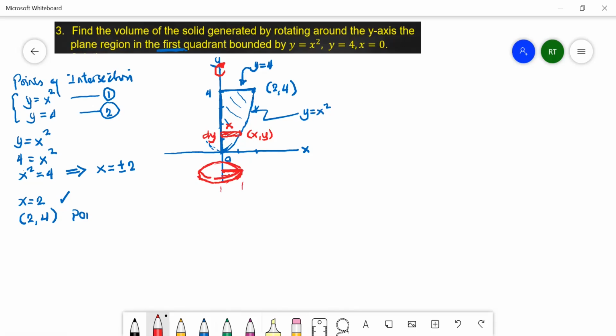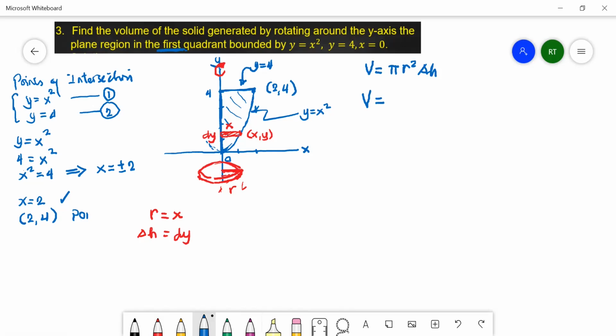The radius r is the length of the element, which is x, and the thickness is the differential of y. If we set up the working equation, it will be based on the volume of the disk. Volume is equal to pi r squared times the thickness.